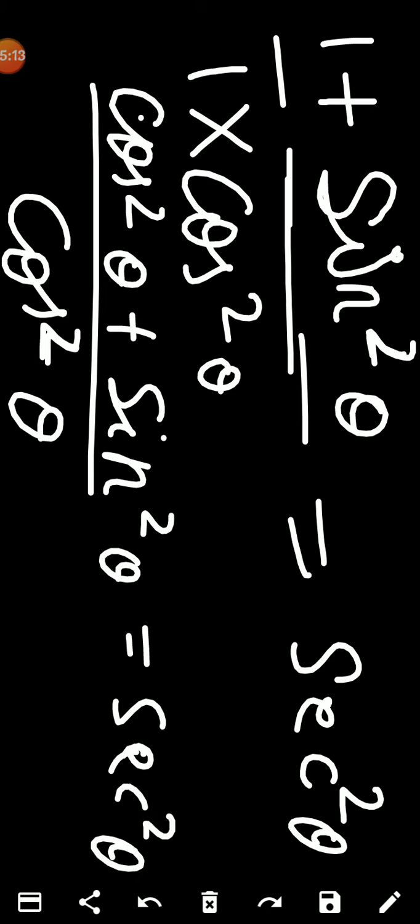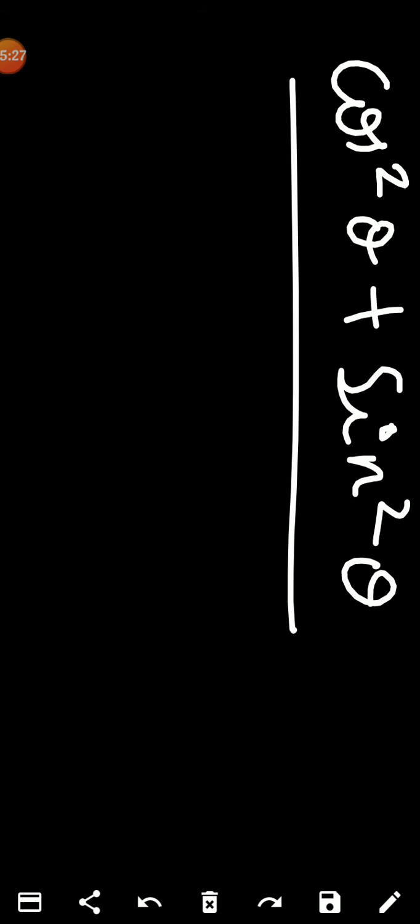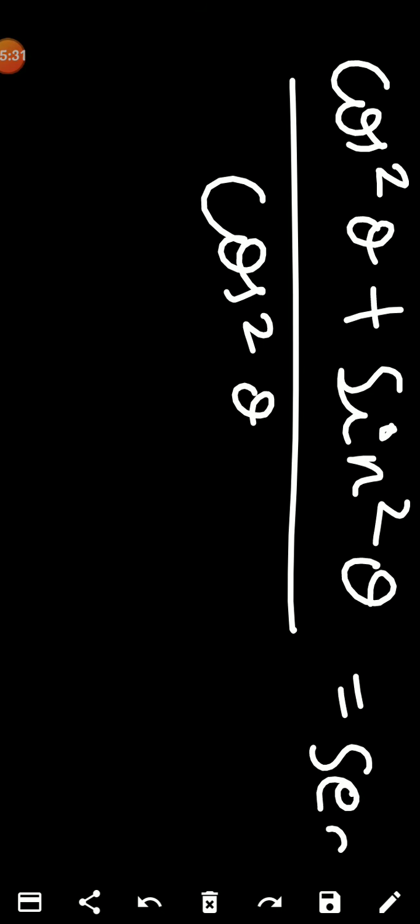Still our equation is not complete. So let's write this on a fresh page. We get cos square theta plus sin square theta upon cos square theta is equal to secant square theta.